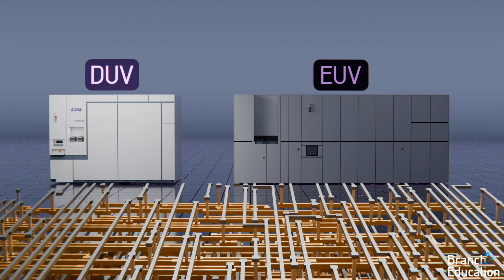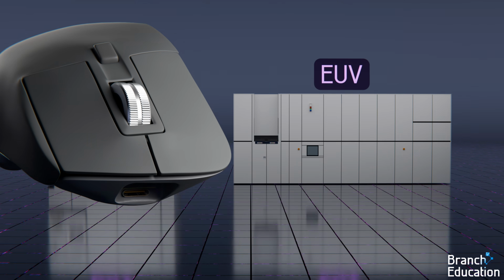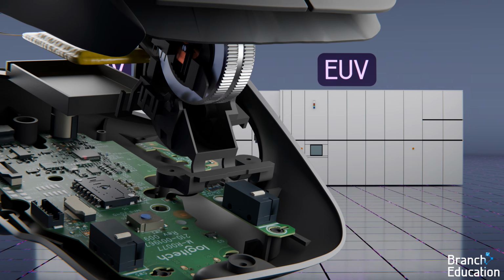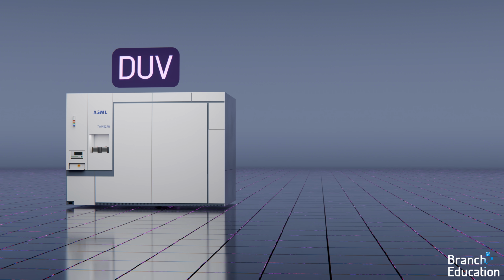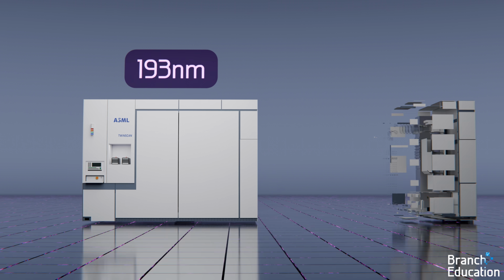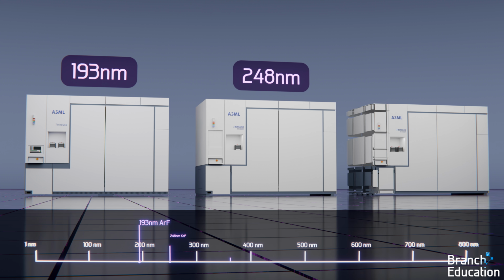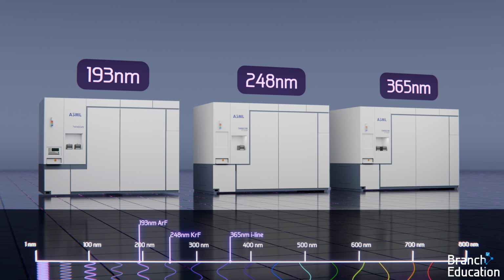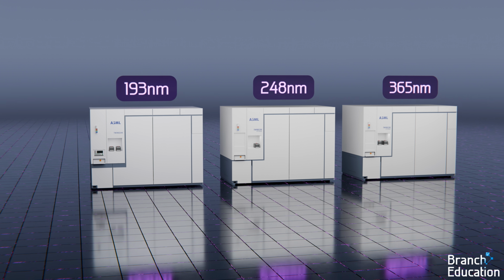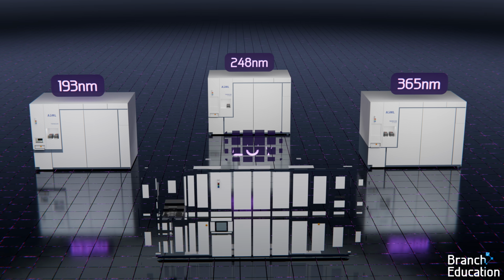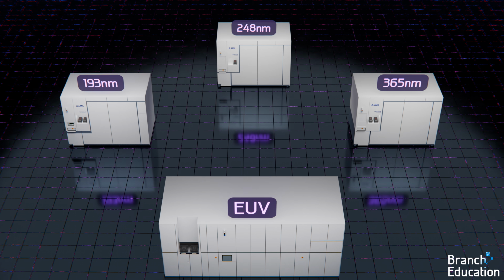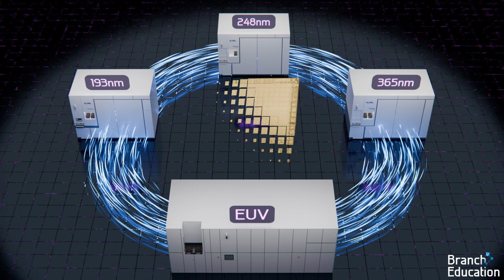Additionally, less advanced chips that don't require the smallest transistors and wires may forego using EUV lithography altogether and only use DUV wavelengths such as 193, 248, or 365 nanometers. As a result, cutting-edge fabs typically utilize different types of lithography tools, and all these machines work as an intricate ecosystem to make a microchip.